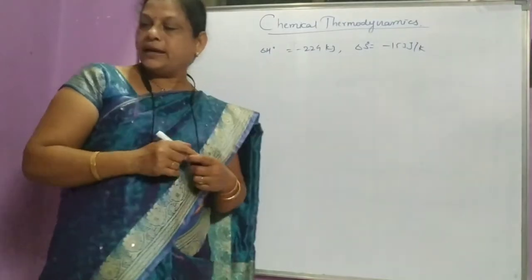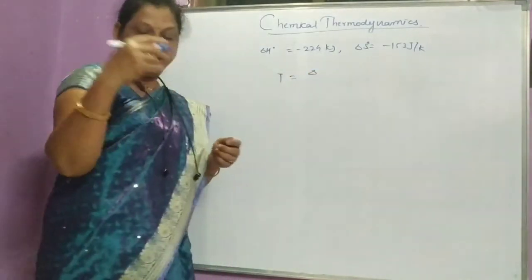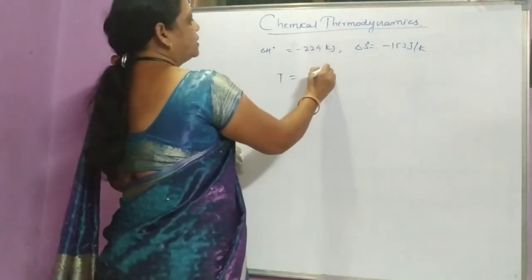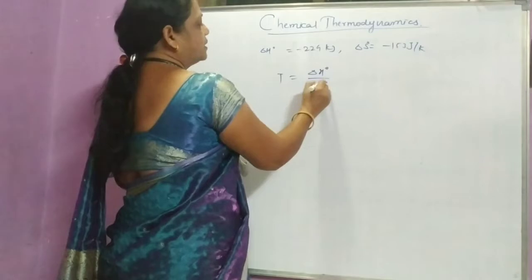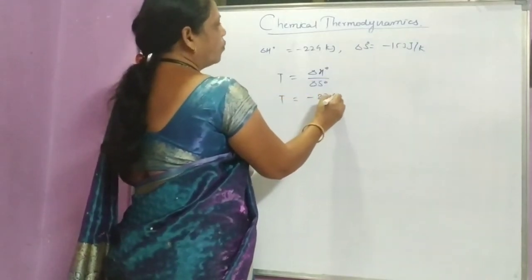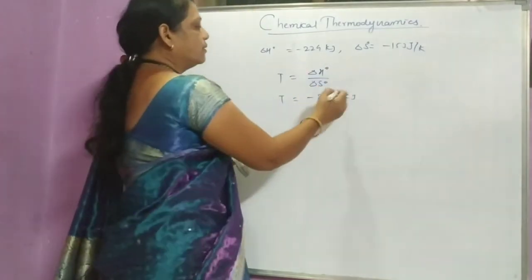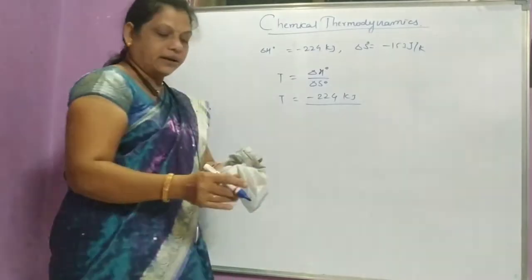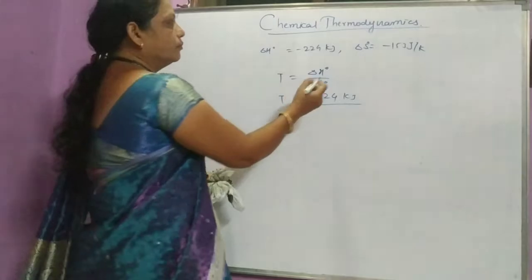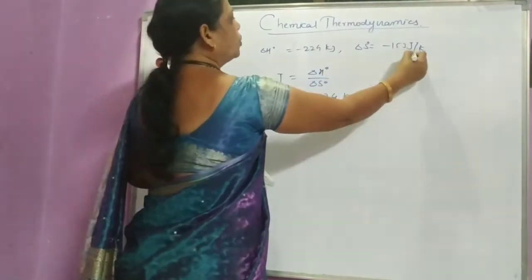So temperature is equal to del H upon del S, from del H minus T delta S equal to 0. That is minus 224 kilojoule divided by minus 153 joule per Kelvin, which is 0.153 kilojoule per Kelvin.